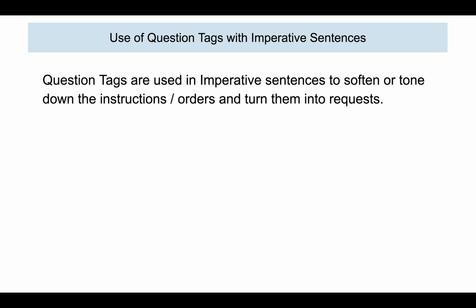Now, this was question tags in the case of declarative sentences. Now let us see the use of question tags with imperative sentences. Question tags are used in imperative sentences to soften or tone down the instructions or orders and turn them into requests. So the idea here is not to ask a question really, or to see whether that person agrees or disagrees.